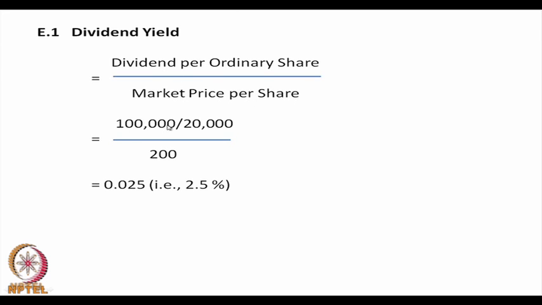Dividend paid was 100,000, the number of ordinary shares was 20,000 and the market price per share was 200 rupees. With 20,000 shares and total dividend paid of 100,000, per share only 5 rupees was given. That divided by 200 comes to 2.5%. So, the dividend yield of the share is only 2.5%.